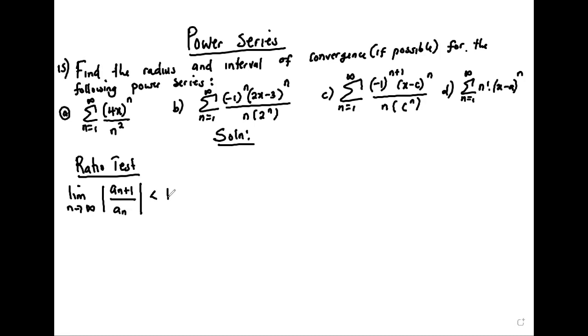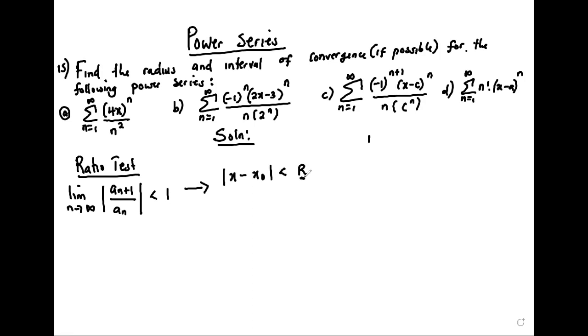Okay. So now when we find it, for the radius, the formula is the absolute value of x minus x naught less than the radius. So this r is the radius. You have to express it in this form to get the radius.